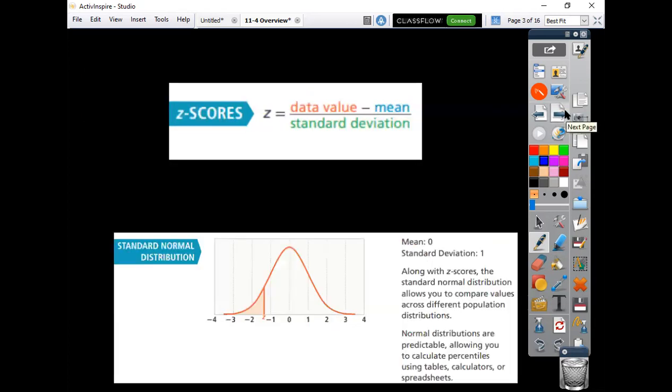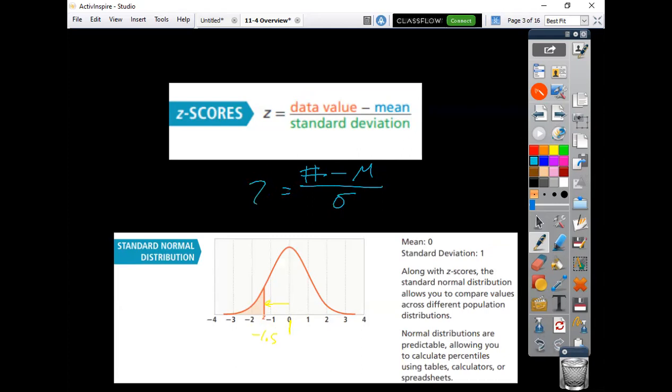All right, so here's a formula that you can use, a z, and z is just how many standard deviations you are. So like this one right here, looks like it might be like a negative 1.5, 1.5 standard deviations below the mean in the middle. And you calculate that by whatever piece of data you have, your number minus your mean and divide by your standard deviation.